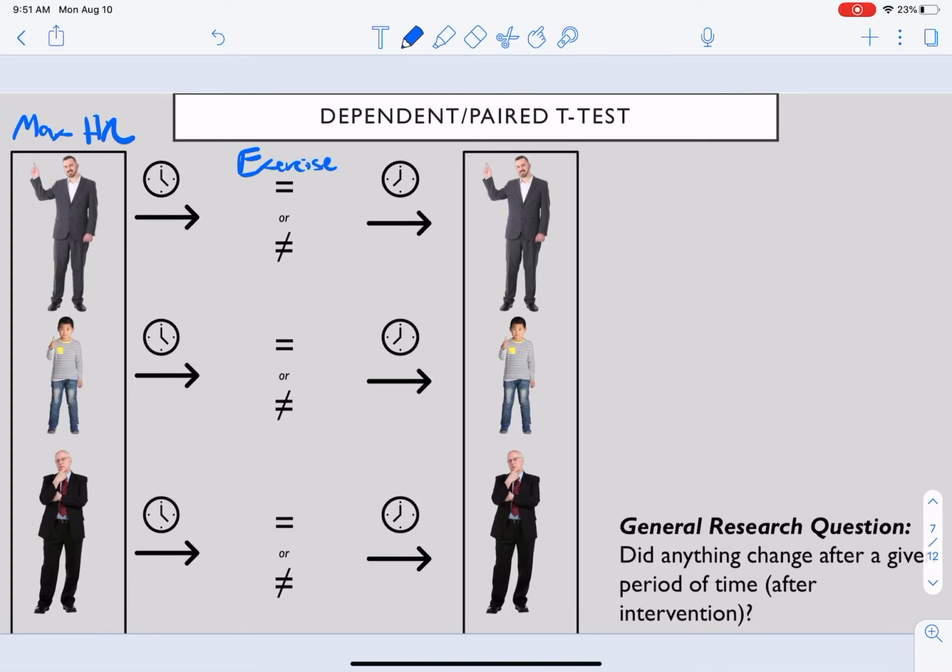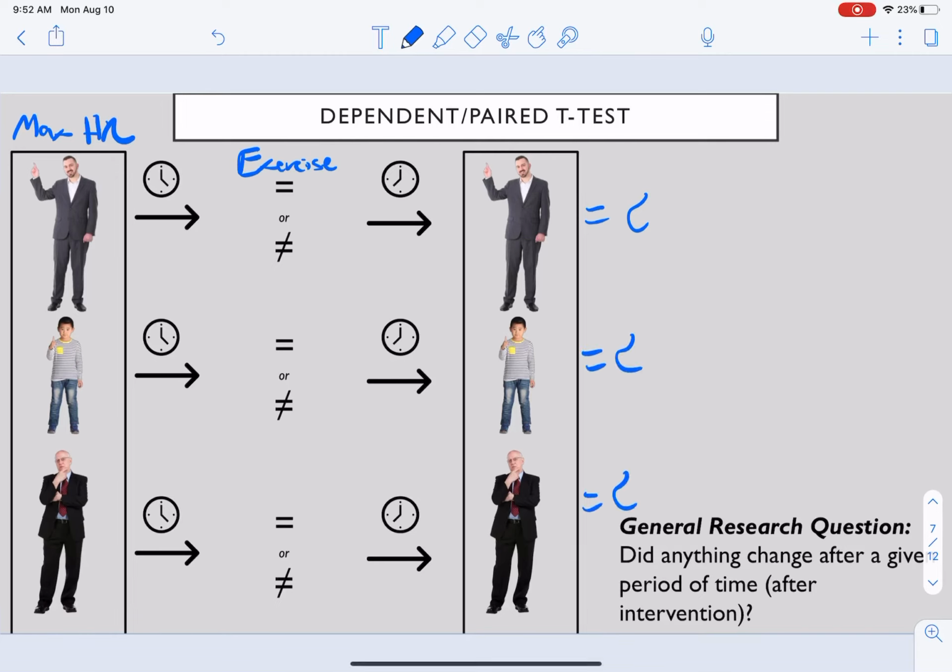So all we would do is look at the difference between this person before the exercise program and them right afterwards. And then that's going to be some difference. We look at this little kid and measure their maximum heart rate before the exercise program, give them the exercise program, find that difference. Same thing with this old guy over here, find some difference.